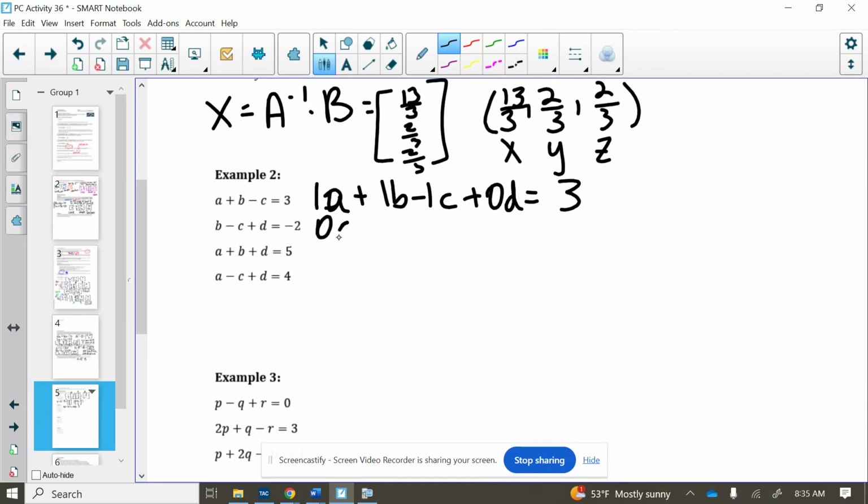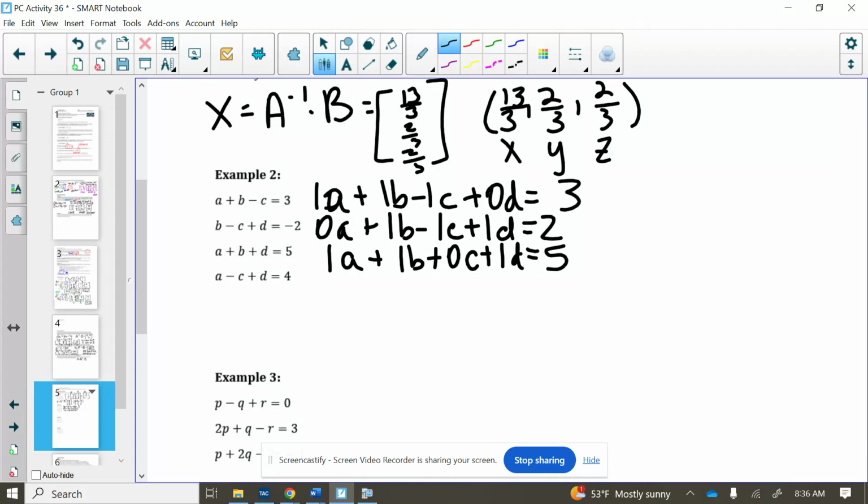Same thing here. We have 0 A's, 1B minus 1C plus 1D equals 2. A is 1, B is 1, C is 0 this time, D is 1 equals 5, and then 1A plus 0B minus 1C plus 1D equals 4.